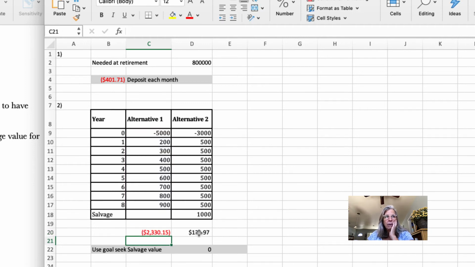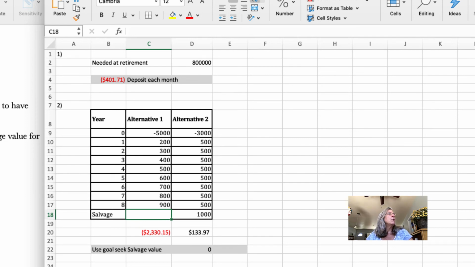When I first calculated it for both of them, I see that this is off by $2,000. So the question is, what positive value here will I need in order to get those projects equal?